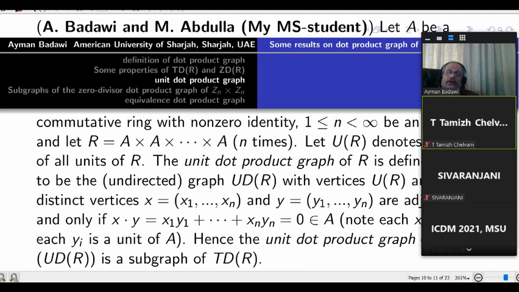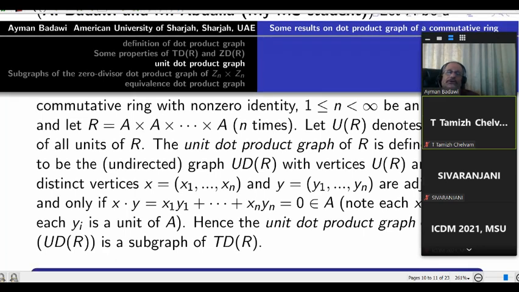And what is the ring R? A product of A n times. So if you take X to be a unit in R, that means X1 has to be a unit in A, X2 has to be a unit in A, and so on.